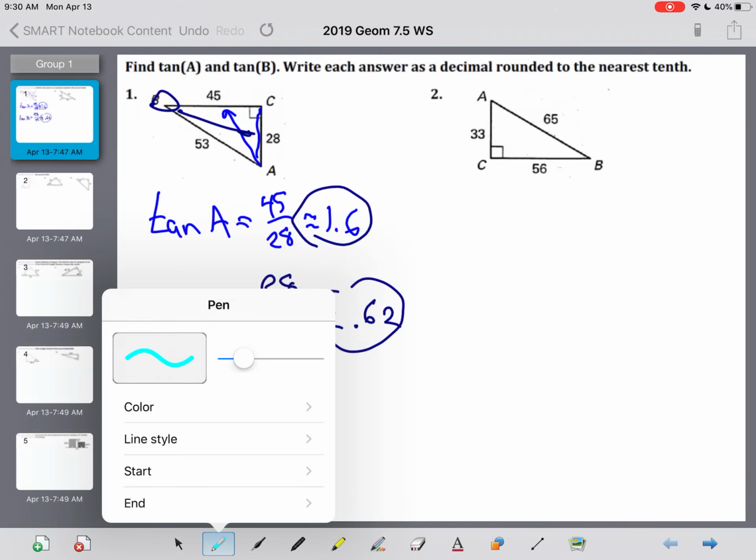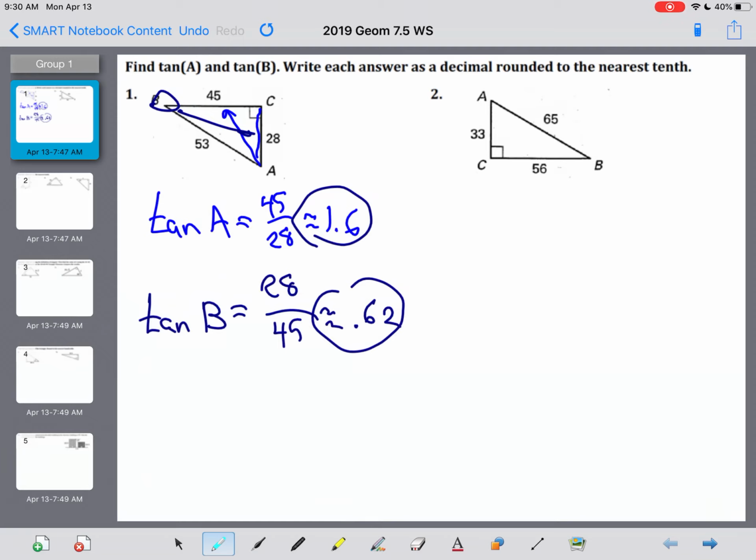Similarly, for number two, the tangent of A is going to be the ratio 56 over 33, which comes out to be 1.7.